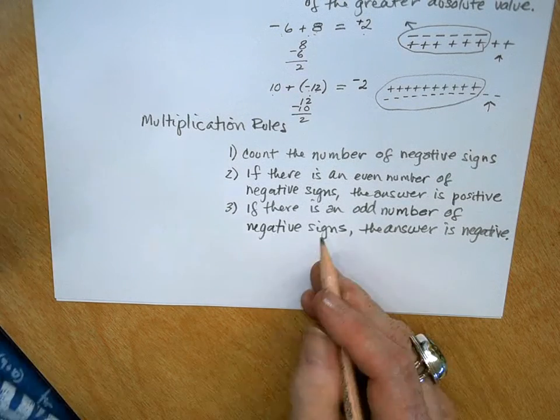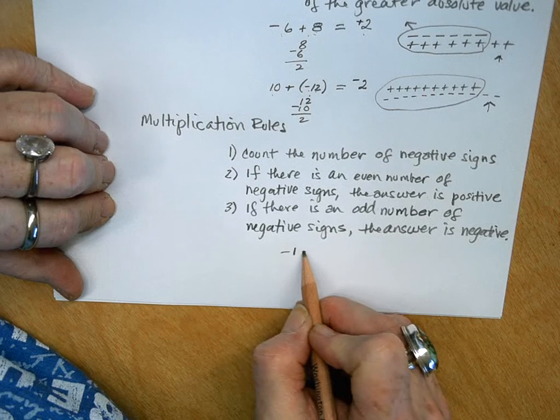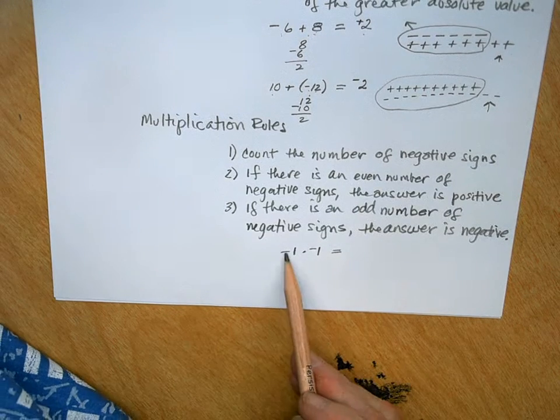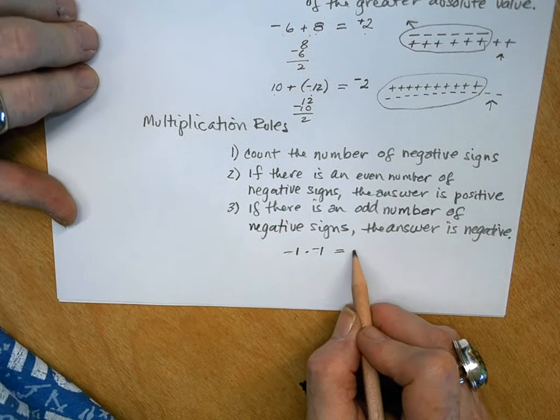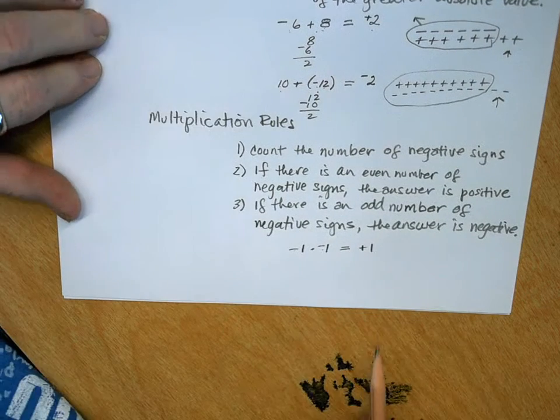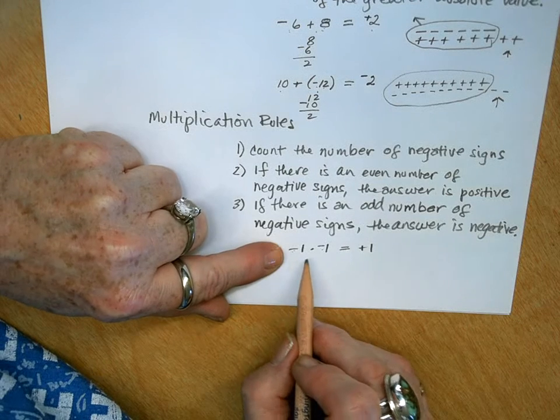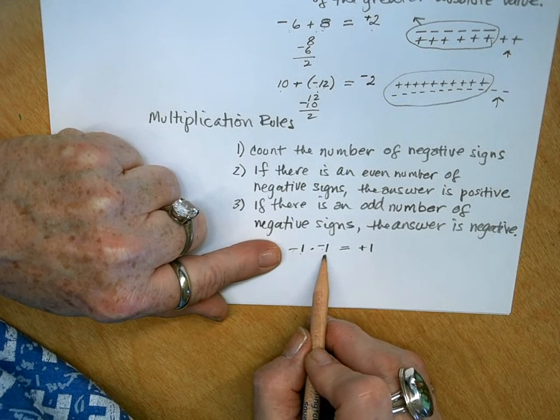For example, negative 1 times negative 1 is, now if I just apply the rule, a negative times a negative is positive 1. And it makes sense because this is saying, what is the opposite of negative 1? Positive 1.